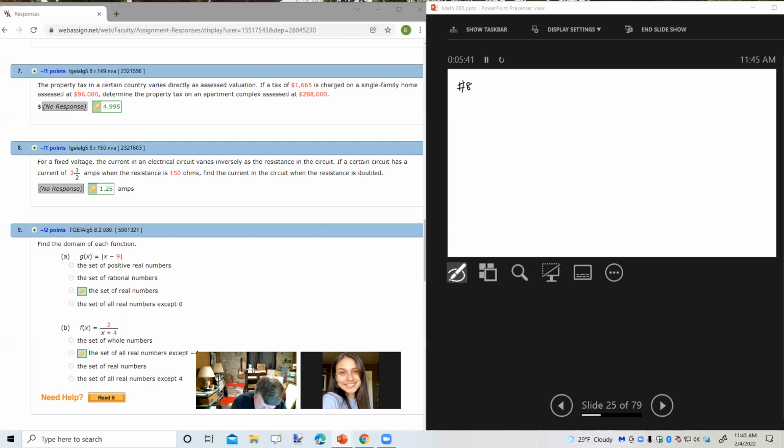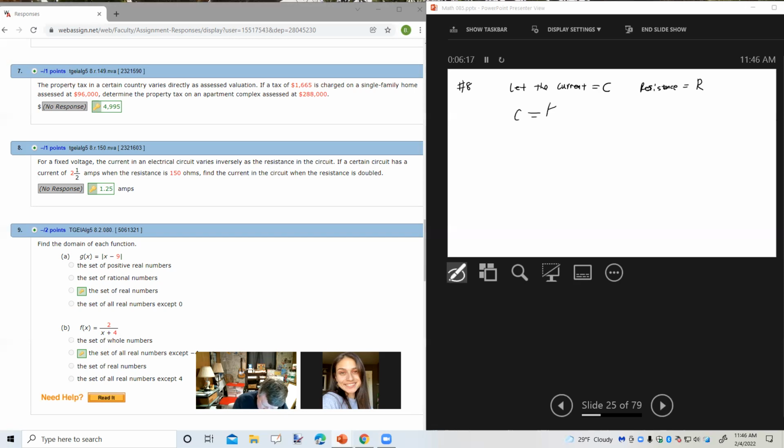We're going to let the current equal C, and the resistance equal R. So the current in an electrical circuit varies inversely as the resistance in this circuit.